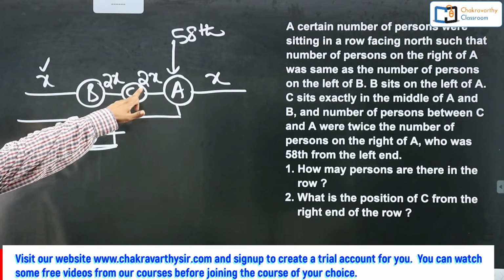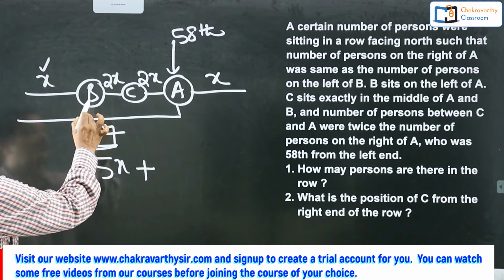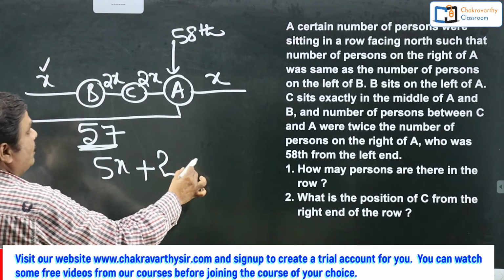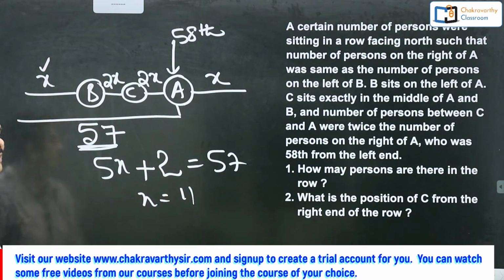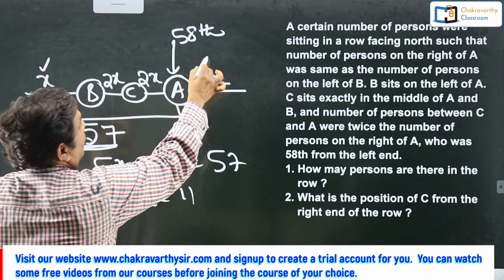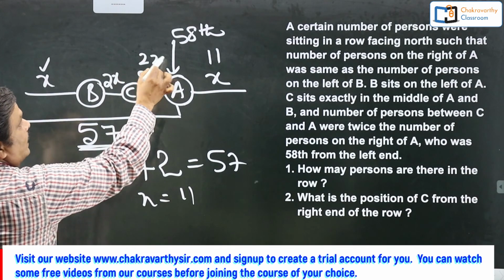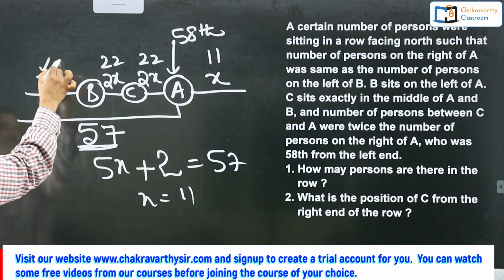That means 2X plus 2X, 4X, plus X, is 5X, plus B is 1 person, C is 1 person, 2 persons, equal to 57. Then easily you can find out X is equal to 11: 55 by 5, that is 11. That means here 11 persons are there. Now this should be equal to 22. Now here also 22 and here 11.